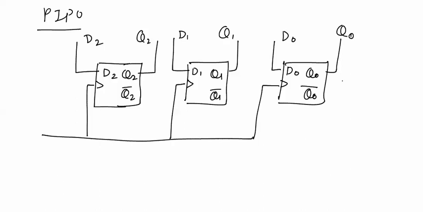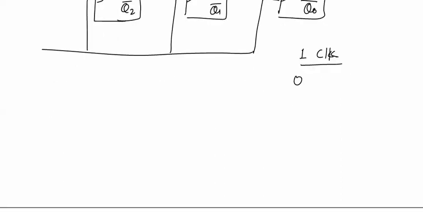In this shift register, D2, D1, D0, all these are bits from where data can be inputted parallelly. For this, one clock pulse is required, and we know that for taking the data at the output parallelly, we don't require any clock pulse. So we will summarize all the clock pulses required for all these flip-flops.